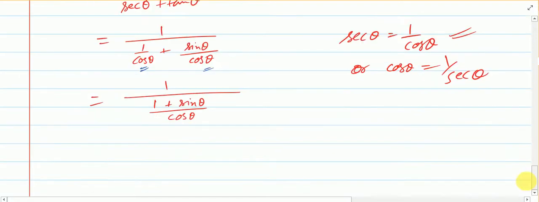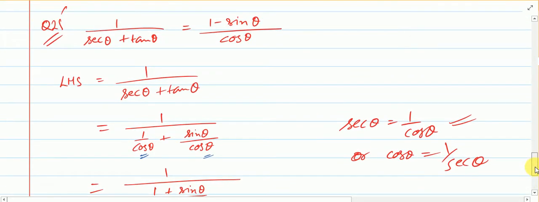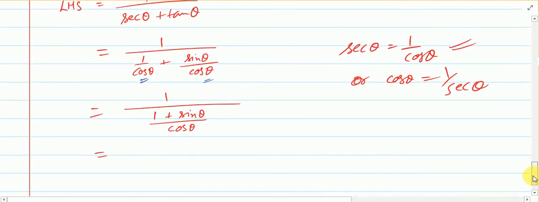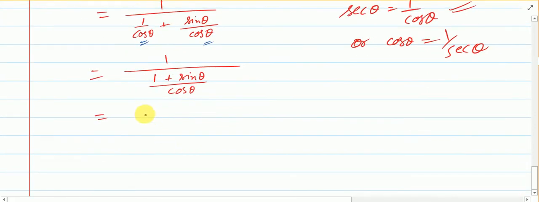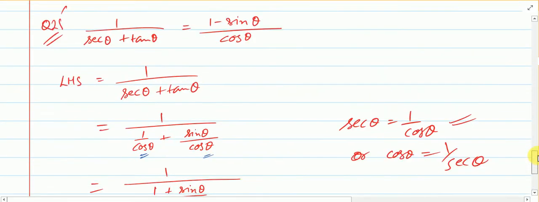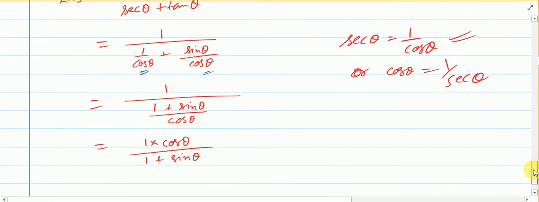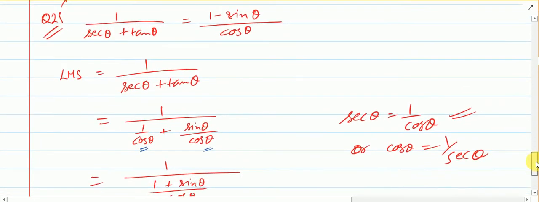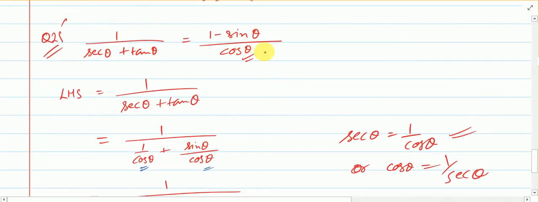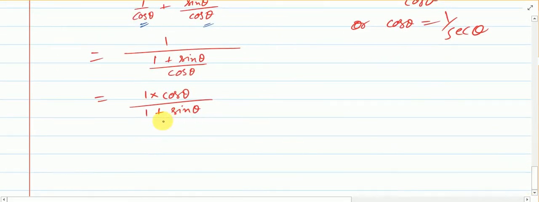Now we will get this cos theta will go up, so 1 into cos theta, and I'm left with 1 plus sine theta. Since on the right hand side we have cos theta and here we have 1 minus sine theta, we don't want this 1 plus sine theta in the denominator.